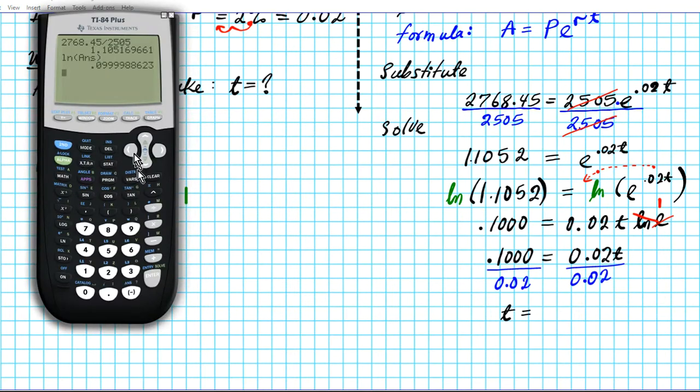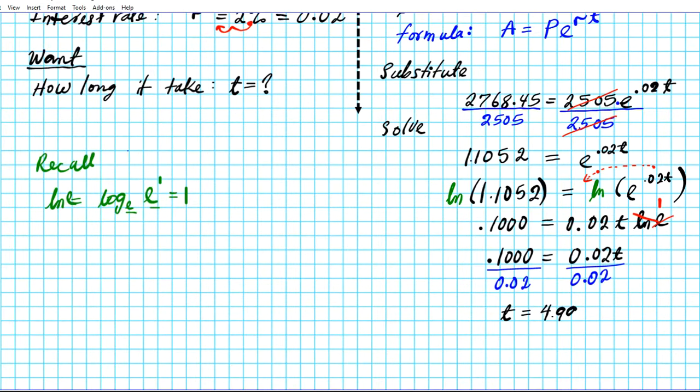So we have our previous answer divided by 0.02, and we have 4.99994 if we round it to 4 decimal places. The time t is 4.9999, and if we round it to the nearest whole number, t is approximately 5 years.